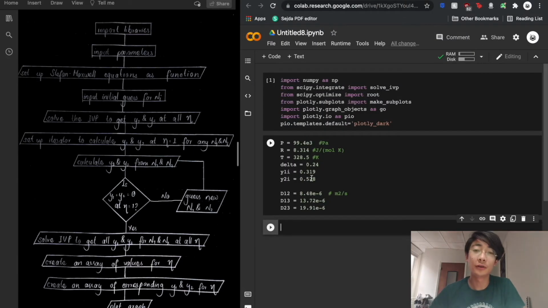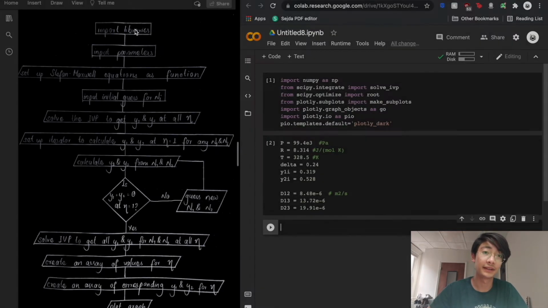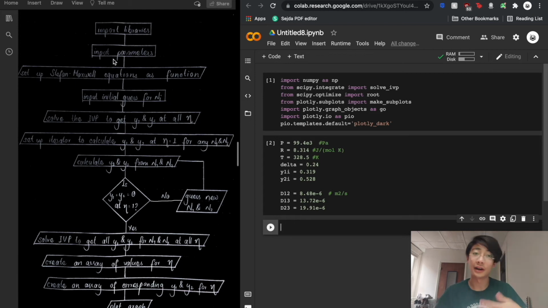So before we go ahead and immediately start coding this problem out, what I'm going to do is give a brief overview of the flowchart for the problem that we're trying to solve and get a better understanding of what we're trying to do, so we don't get too confused in the middle of coding. First of all, we're going to import our libraries, and then we're going to input our parameters, all the numbers that have been given to us by our problem.